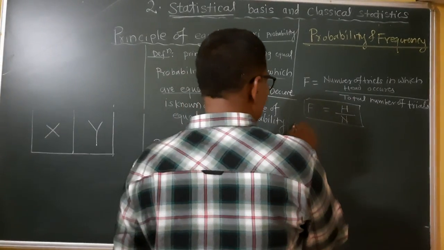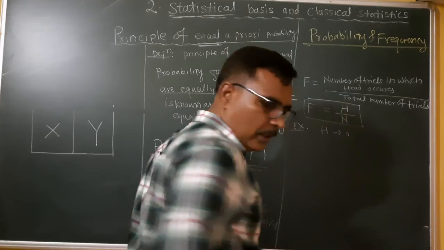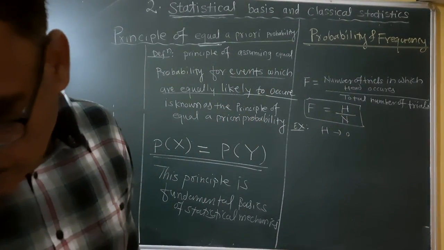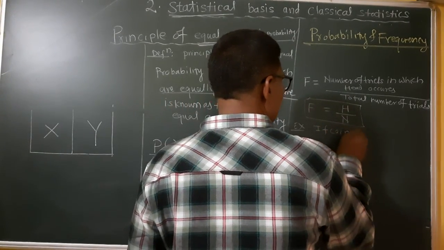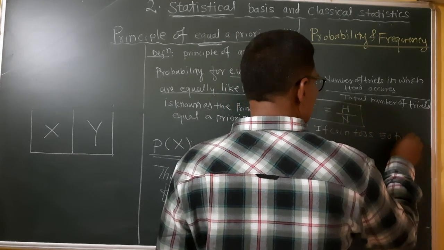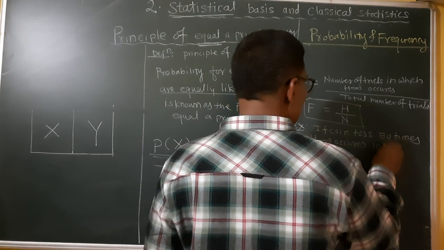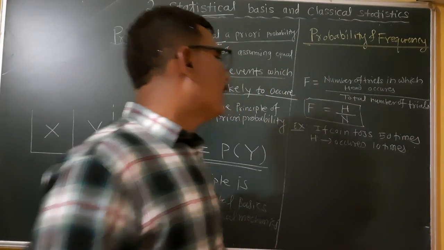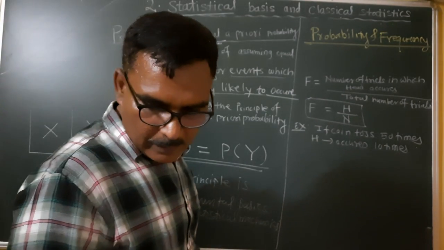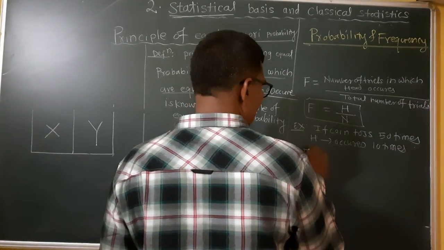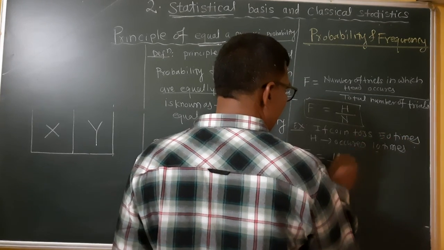For example, if the coin is tossed 50 times and head occurs 10 times, then the frequency of event is F equals 10, the number of times head occurs, divided by 50, the number of times the coin is tossed.